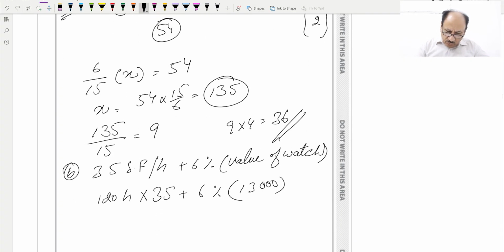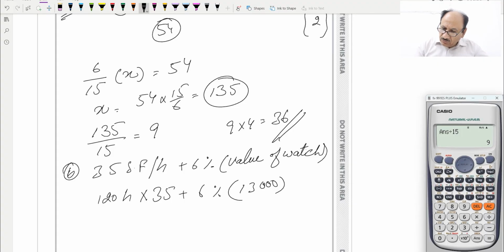And if we calculate, this will be 120 multiplied by 35, and plus 6% of 13,000. It's basically 32, not 35.